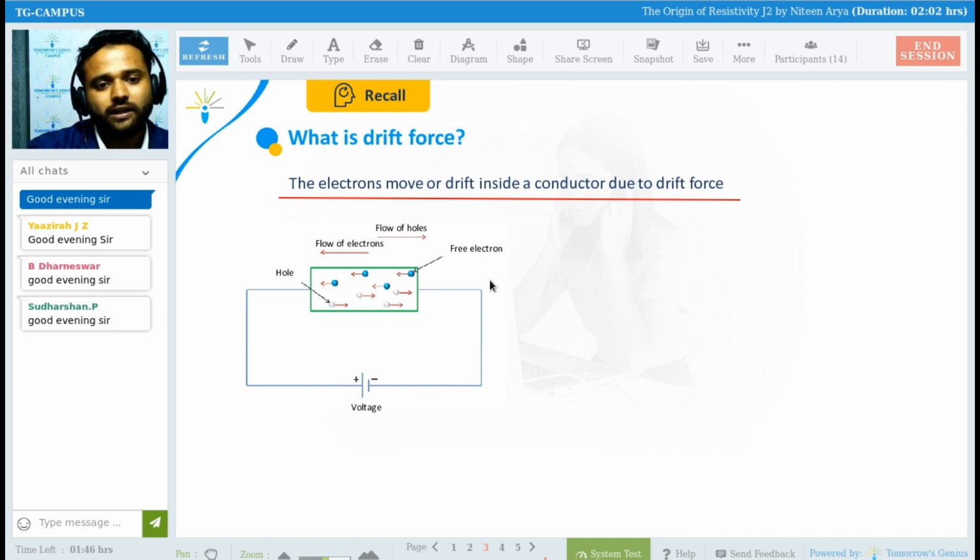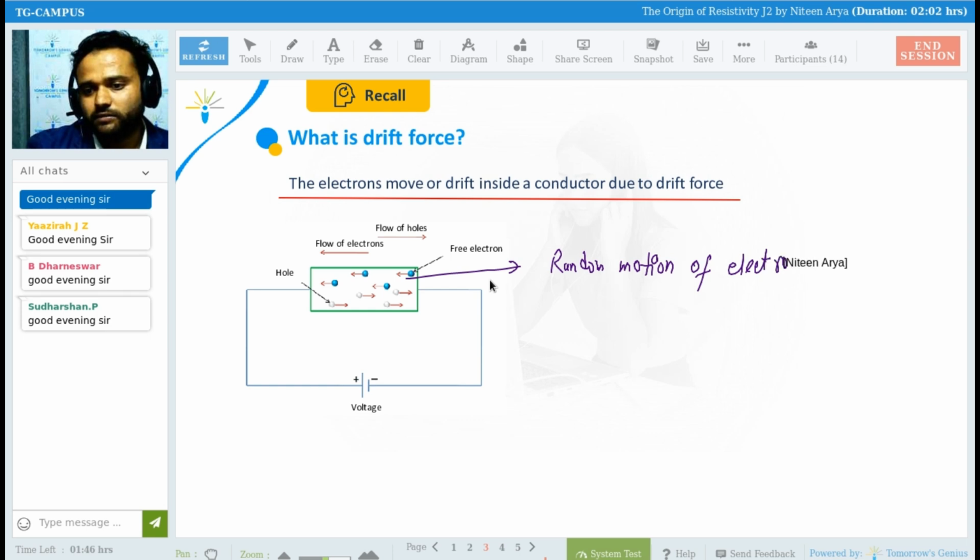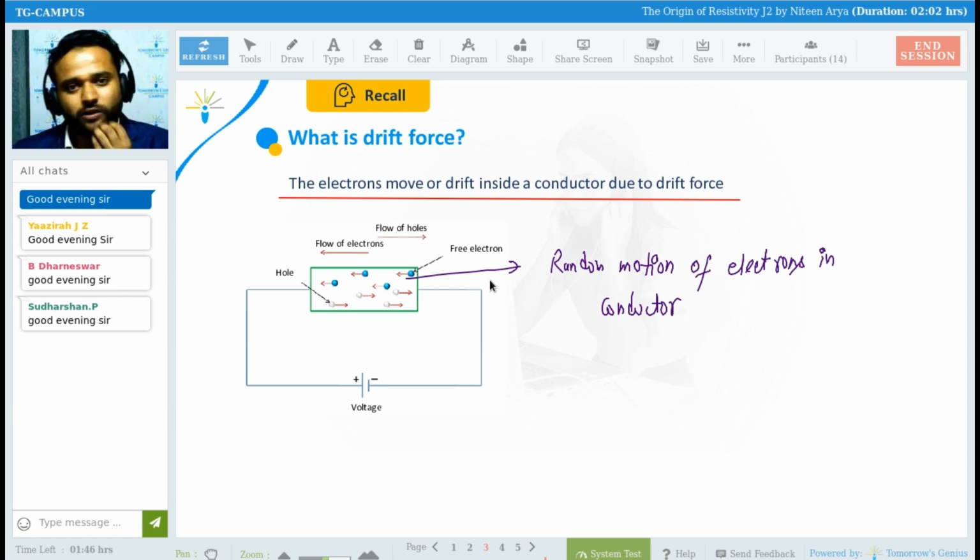Random motion of electrons in a conductor. In any particular material, when the number of charge particles, basically electrons, is high, they are moving randomly.